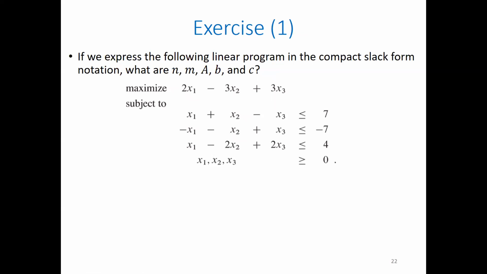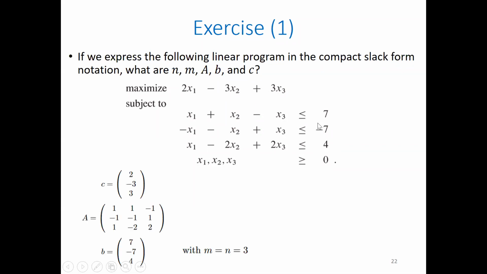A is the matrix of the coefficients that you have for the constraints. We have 3 constraints, so it will be a 3 by 3 matrix. b is the values on the right-hand side of the equality sign, and c basically is the coefficients of the objective function. Okay, so I've given you the solution also, so good for you.